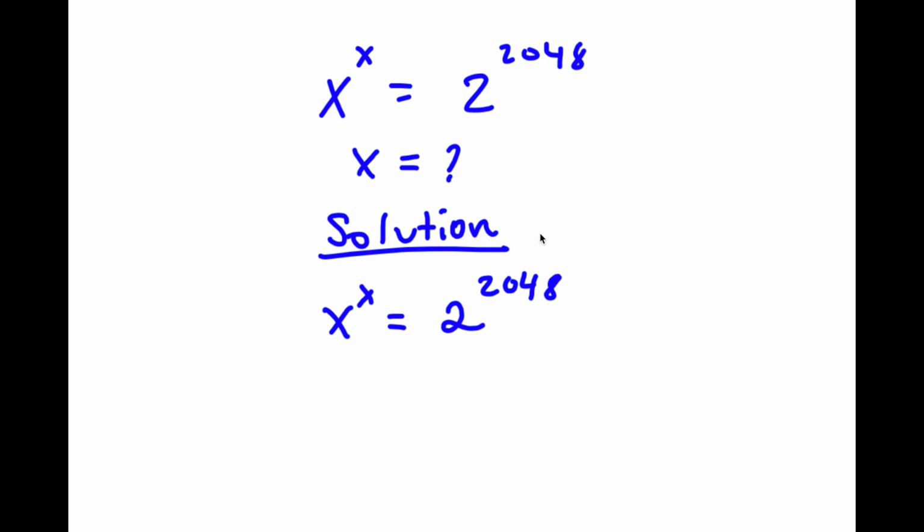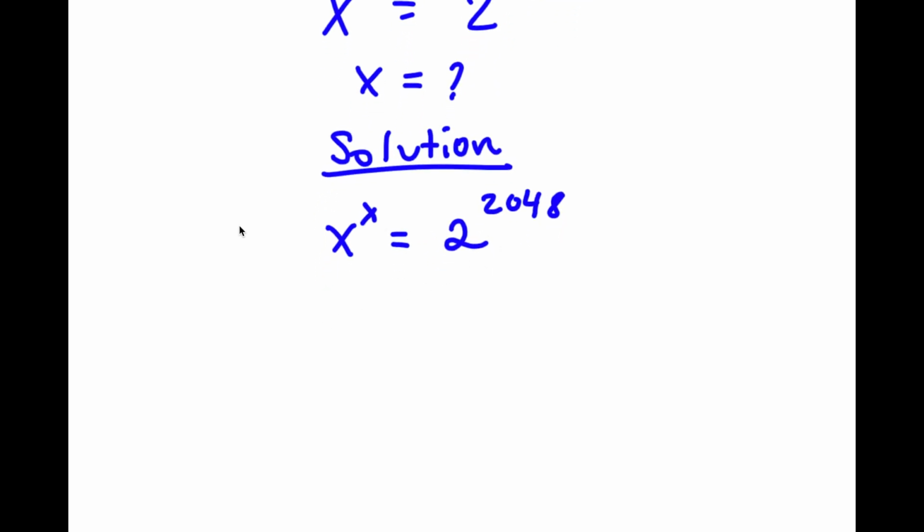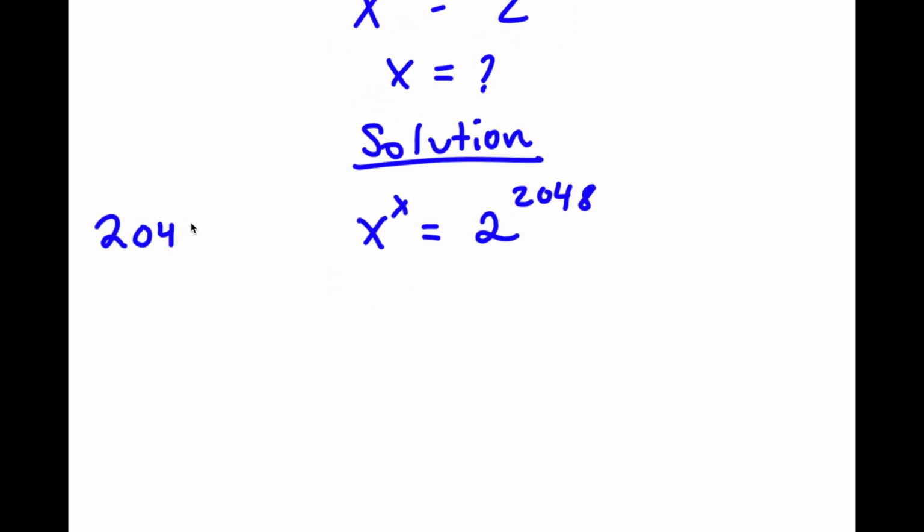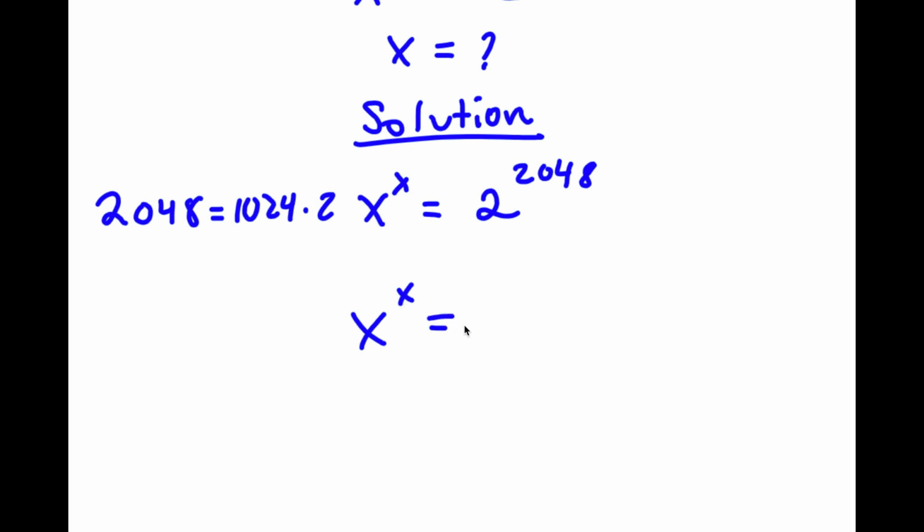Now, well, 2048, this is the same thing as 1024 times 2, right? Now I'm going to replace the value of 2048 with 1024 times 2. So now I have 2 to the power of 1024 times 2.